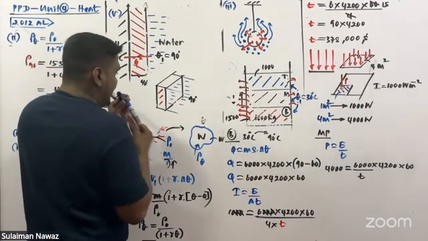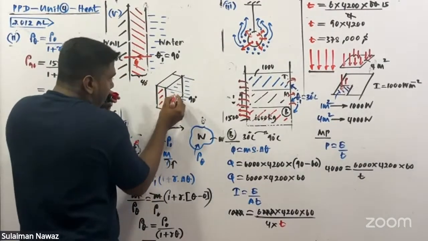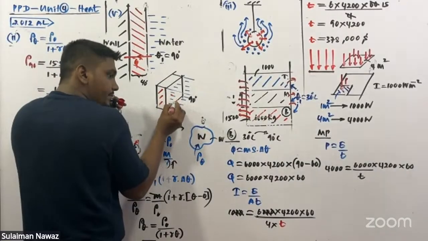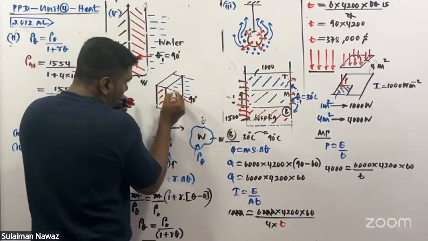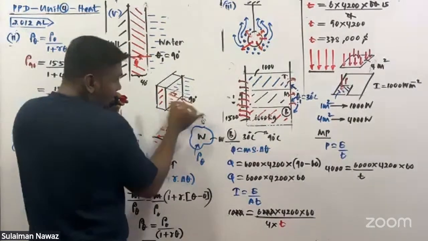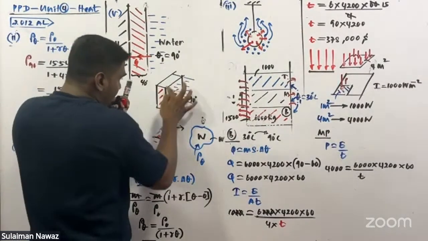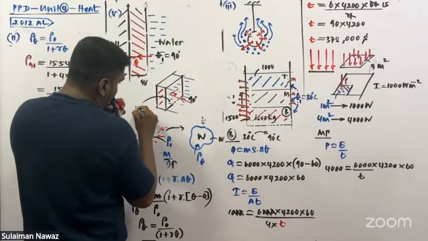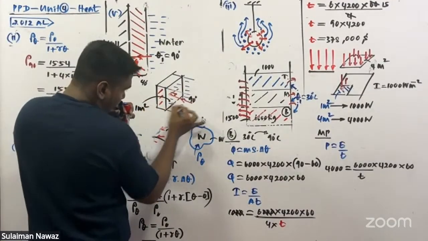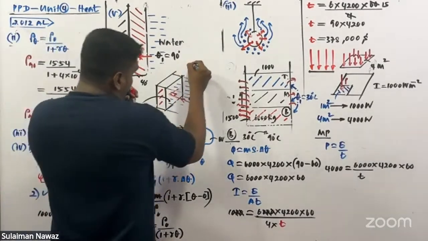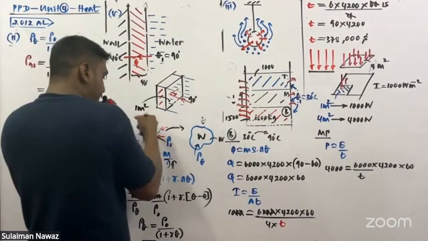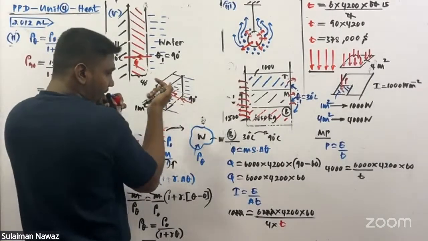We know heat is perpendicular to the styrofoam area. If this area is 1 meter squared, what is the rate of heat conduction?